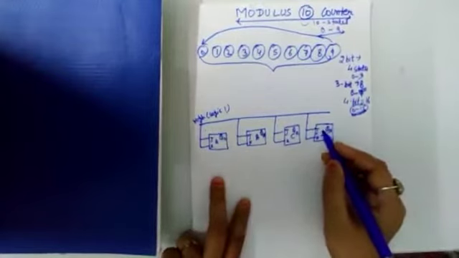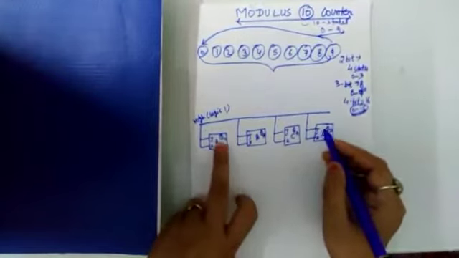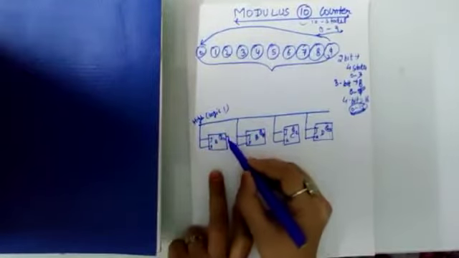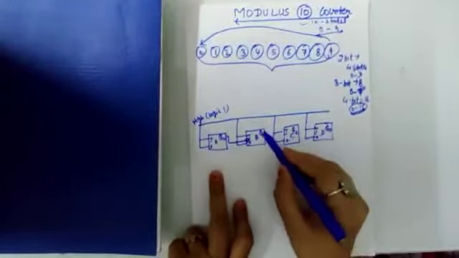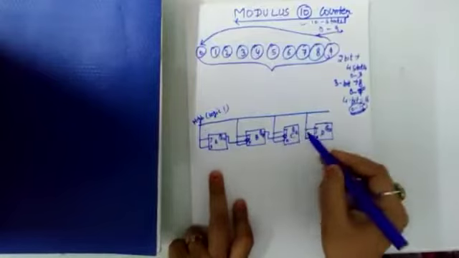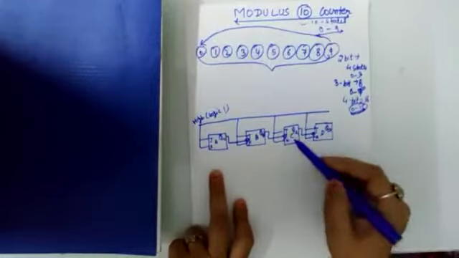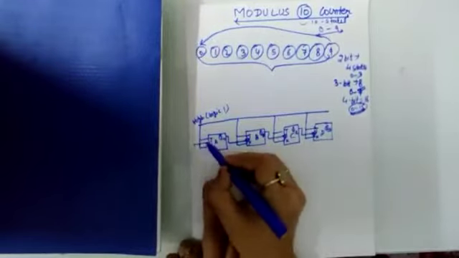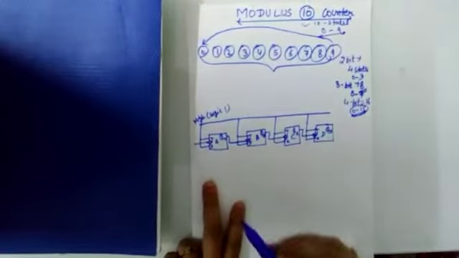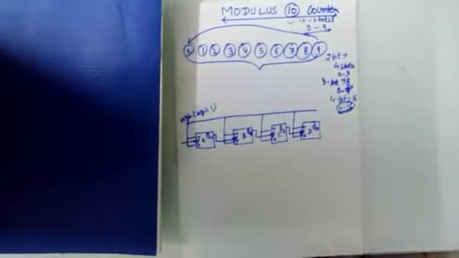Q0 will trigger the second flip-flop, it is a negative edge triggered flip-flop. Q1 triggers the third flip-flop, Q2 triggers the fourth flip-flop, and the external clock is given to the first flip-flop. This is a simple asynchronous 4-bit counter that we have already seen.